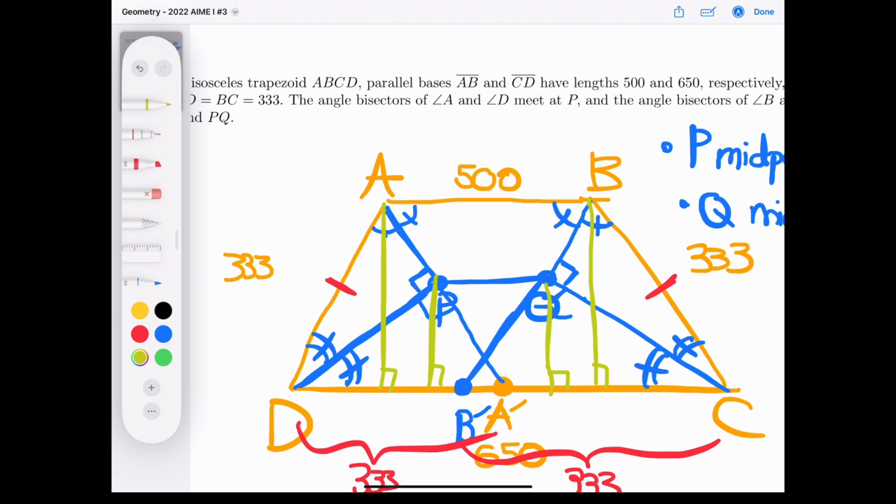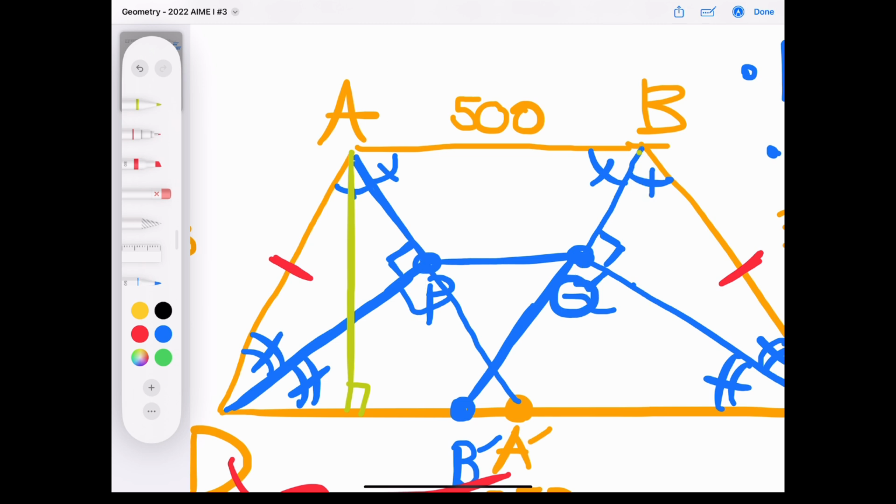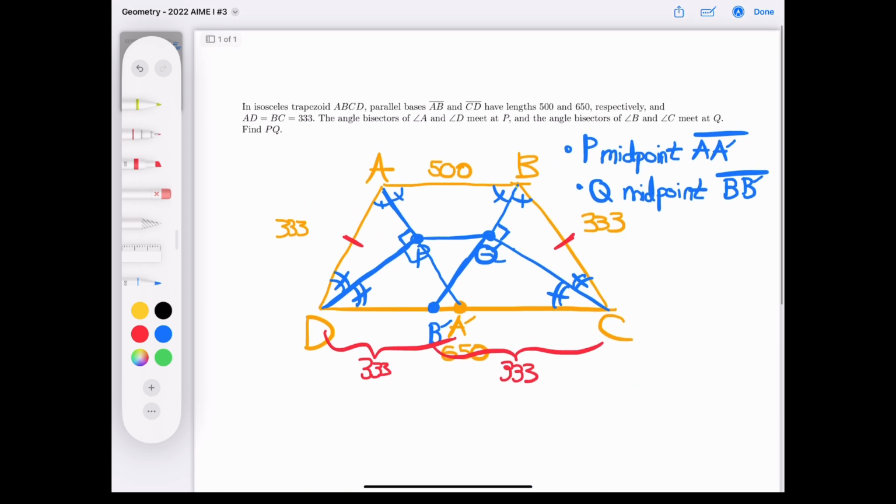But because AB is parallel to DC, since they're both bases, the heights from A and B to DC are the same, and so the heights from P and Q to DC will be half of the height from A to DC. So this line PQ is parallel to DC, and it's half as far from DC as AB is. So from this diagram you can see that PQ is the midline.